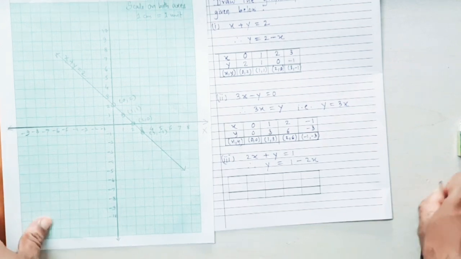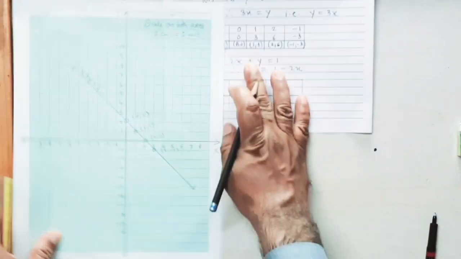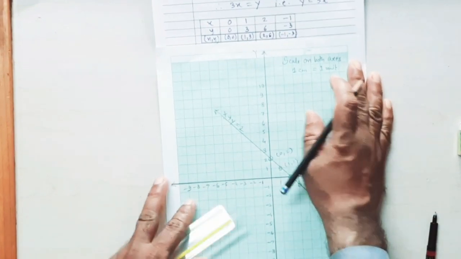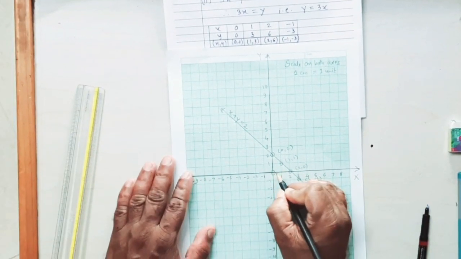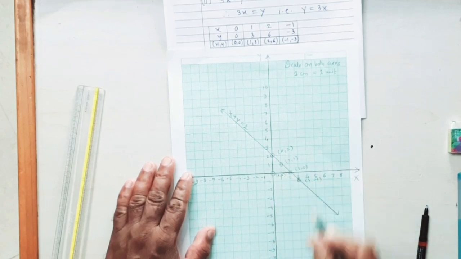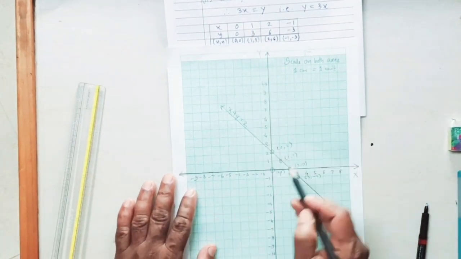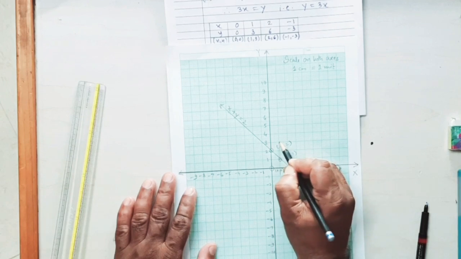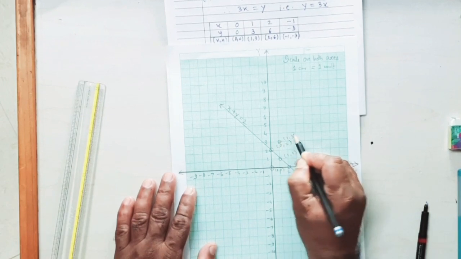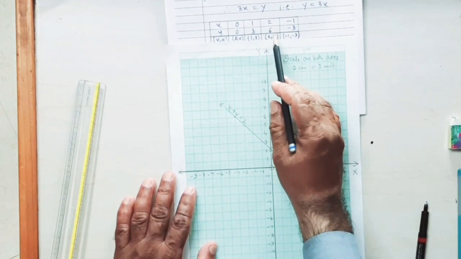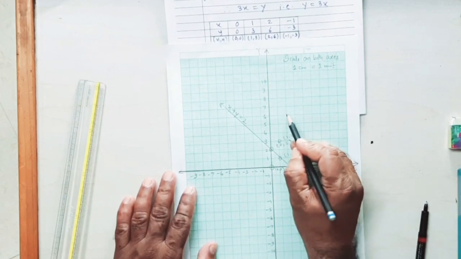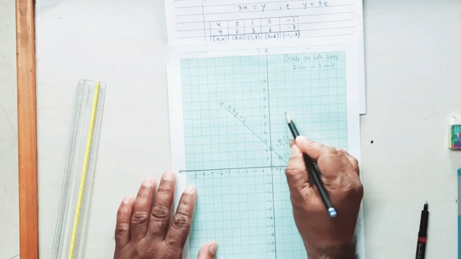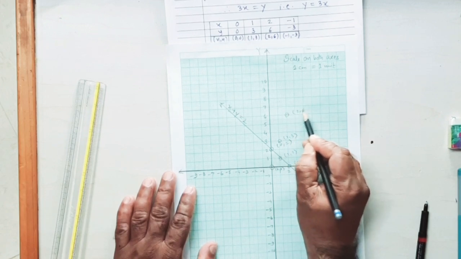So the first point is 0, 0. X is 0, y is 0, that is the origin, 0 comma 0. Then the second point, x is 1 and y is 3, so 1 comma 3. Third point, x is 2, y is 6, so 2 on the x axis, 6 on the y axis, so it is 2 comma 6.